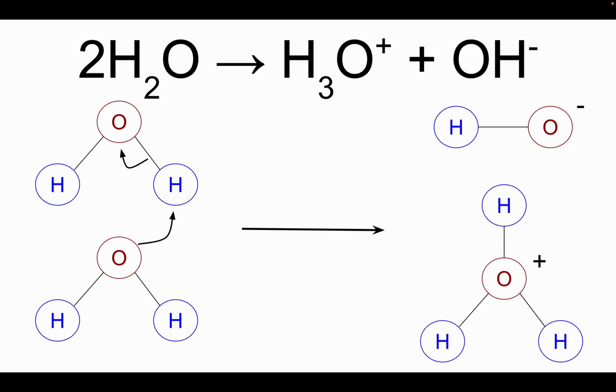And so what we end up with is hydroxide, which is missing a hydrogen and has a negative charge, and hydronium, which has an extra hydrogen and a positive charge. Hydroxide is the one up on top, and hydronium is the one down on bottom here.